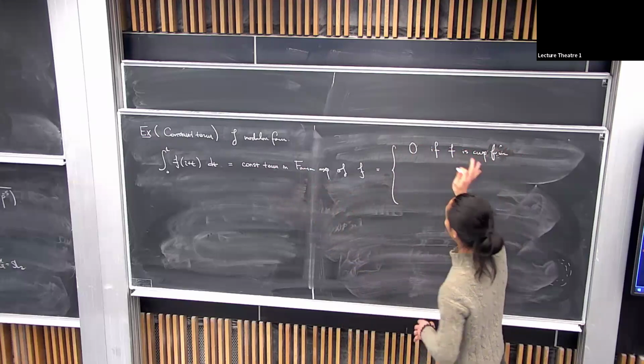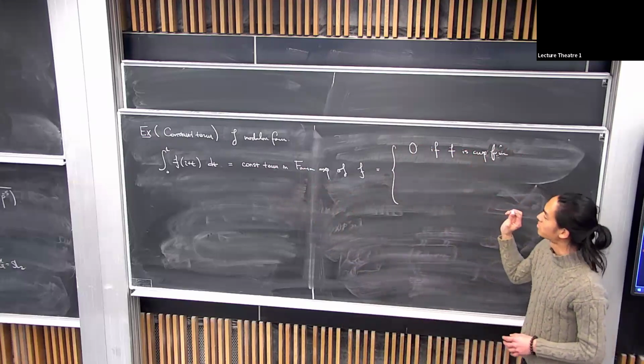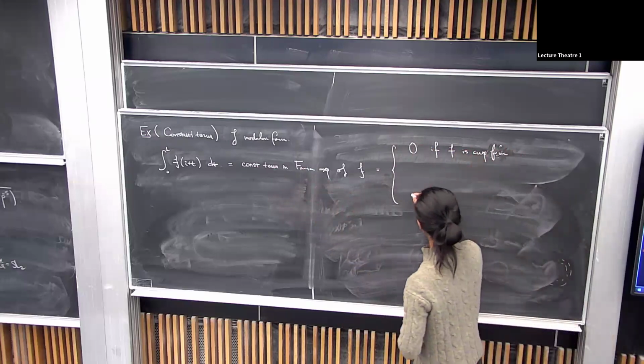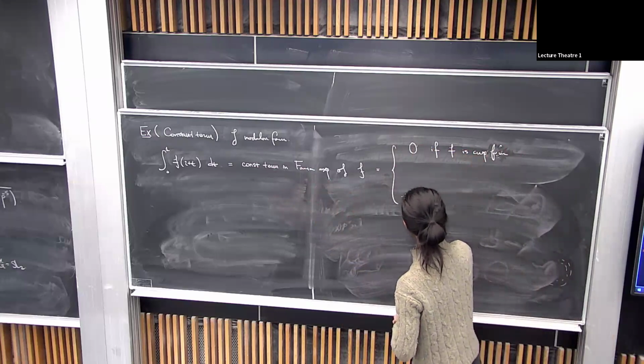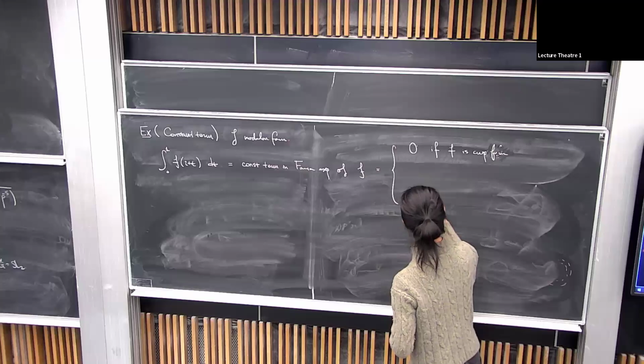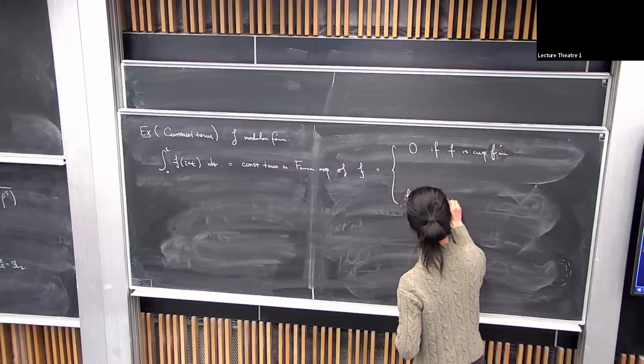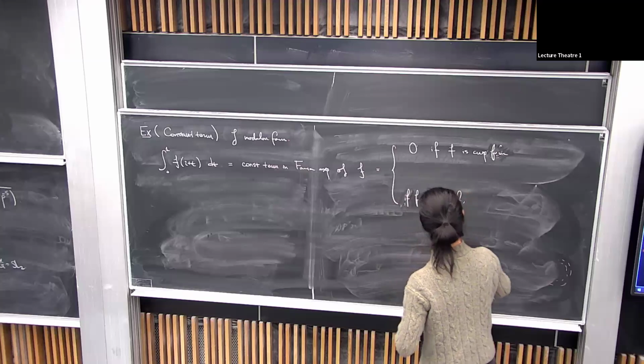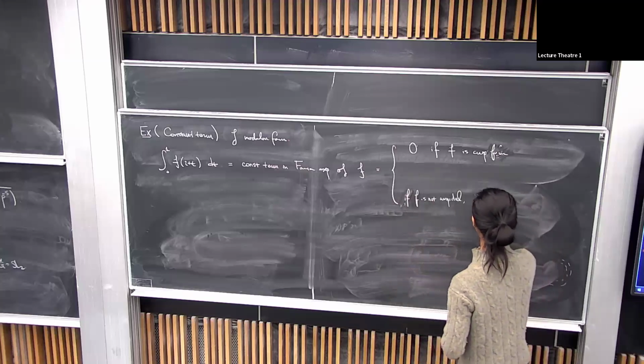I mean, it's more or less by definition. Cusp forms have constant term zero. But if f is not cuspidal, then it's something like 2 times zeta.